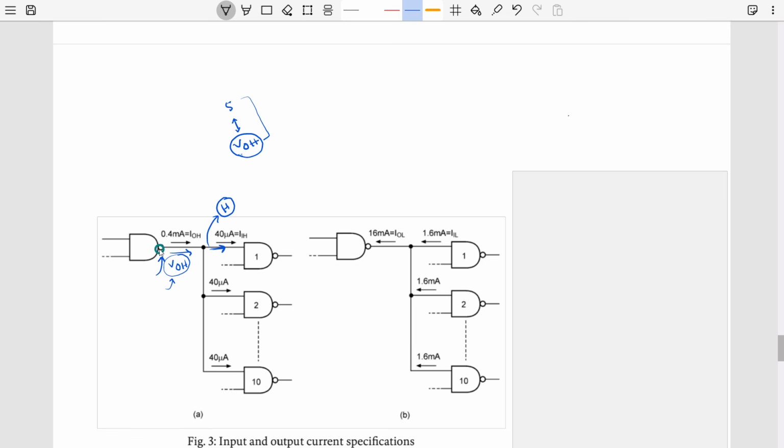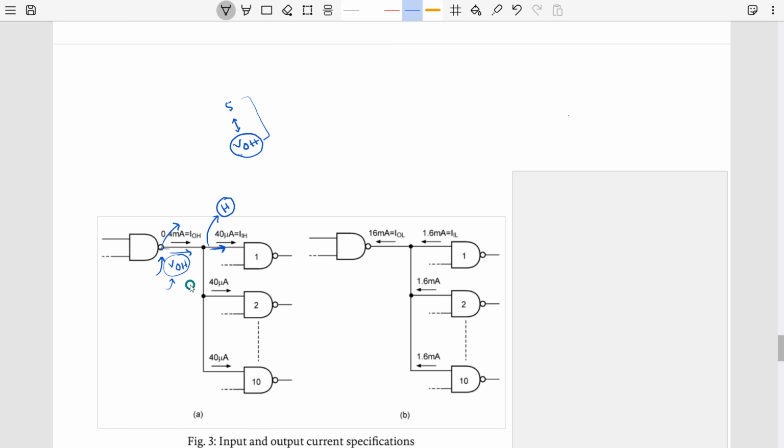Maybe it cannot provide the amount of current these gates need. More current will be required and consumed from here, that will reduce the voltage we get at the output, and that may go less than VOH, and that will actually cause a problem.